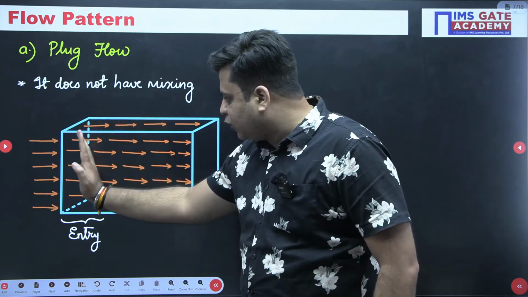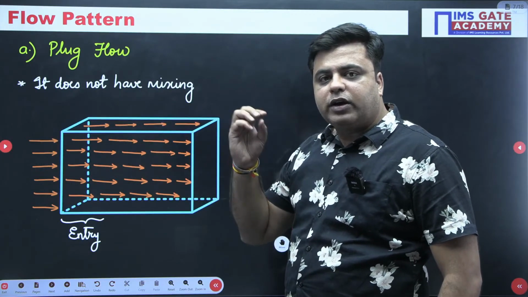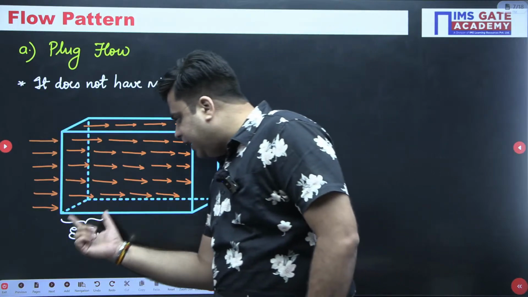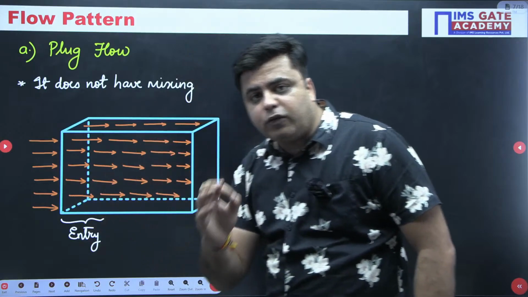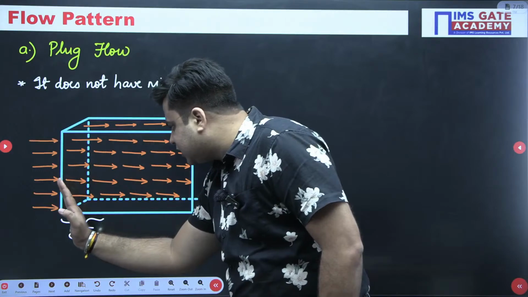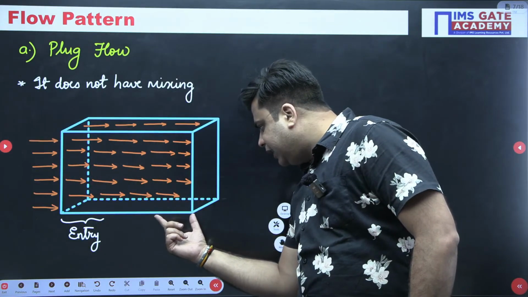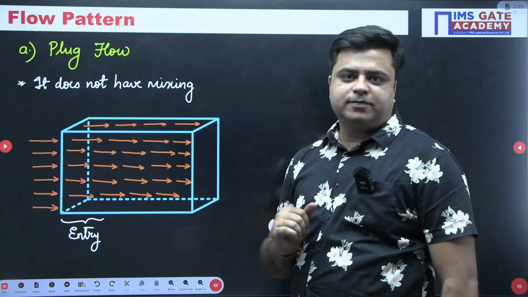As this wastewater moves from inlet to outlet, the decomposition of the organic matter will happen. Due to this, at the entry portion of the aeration tank the amount of organic matter will be more, and as the wastewater has travelled along the length of the aeration tank, on the exit portion the amount of organic matter will be less.